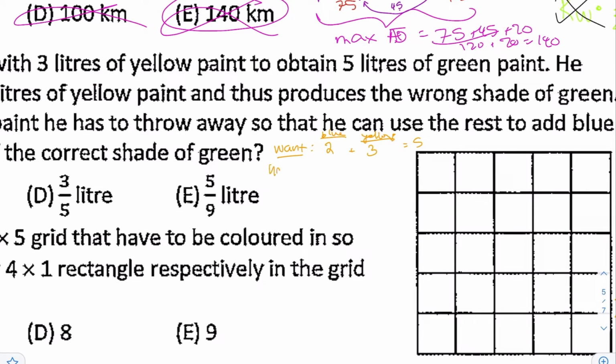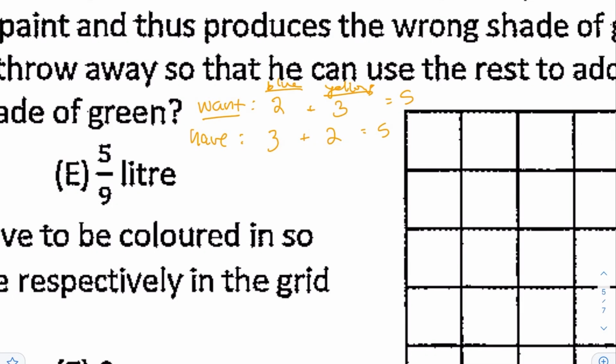But what you have is 3 blue plus 2 yellow, which is equal to 5. So now you want to throw away some amount. So let's say you throw X liters away. Now, because you have too much blue, when you throw away X, you're going to want to replace X with yellow, so that you increase the balance of the yellow for this green.